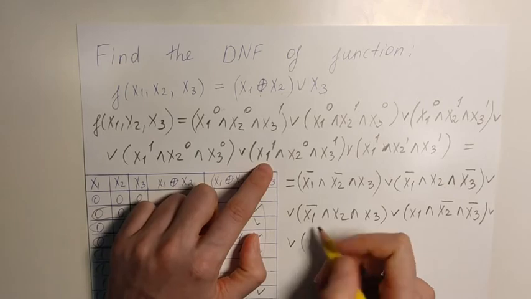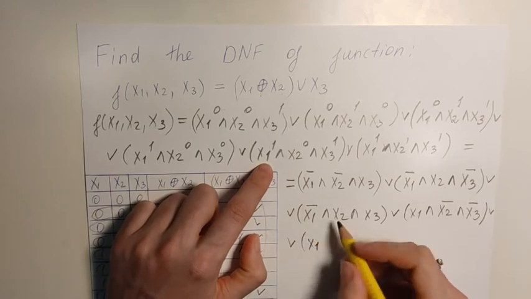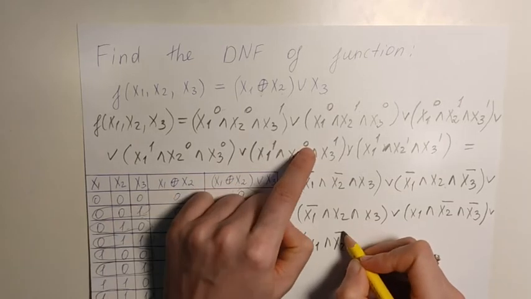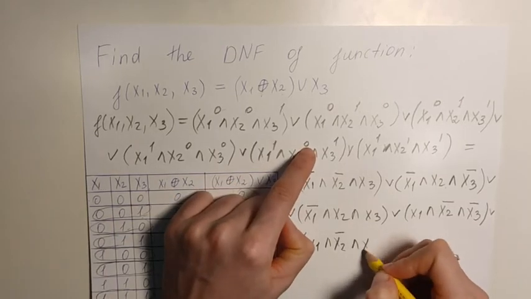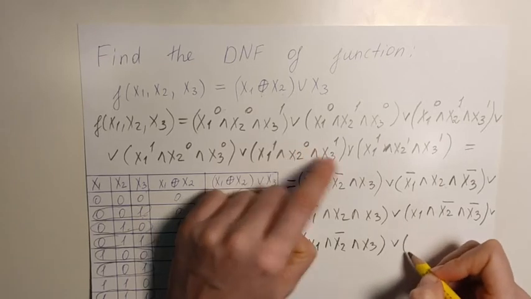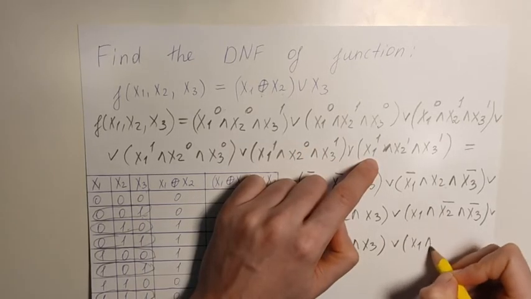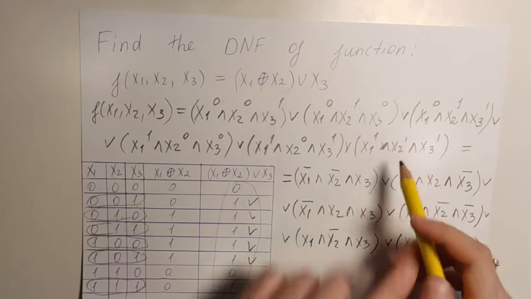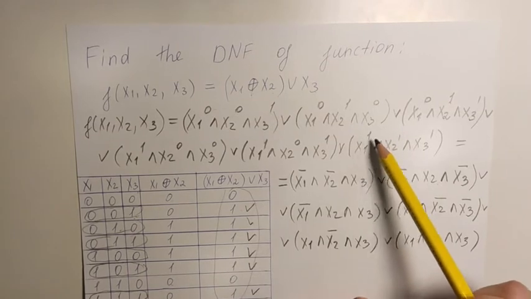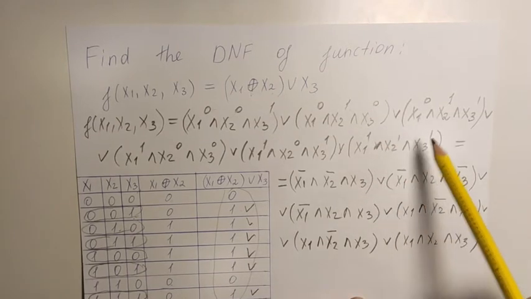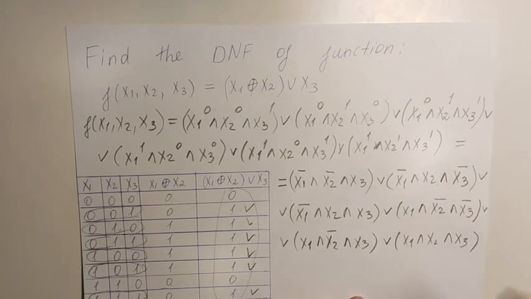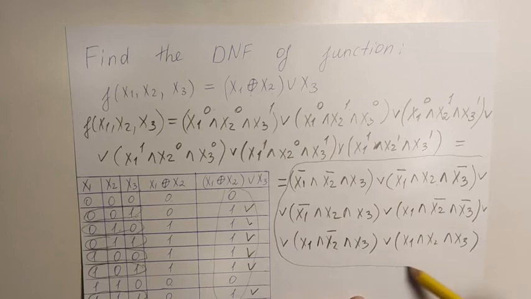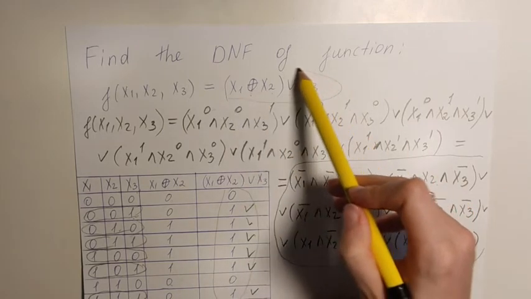And x1 1 will be the same, x2 negation because it's 0, and x3 will be the same, and finally x1, x2 and x3 will be the same because the truth values of all these three variables are equal to 1. So this is the DNF of the given function.